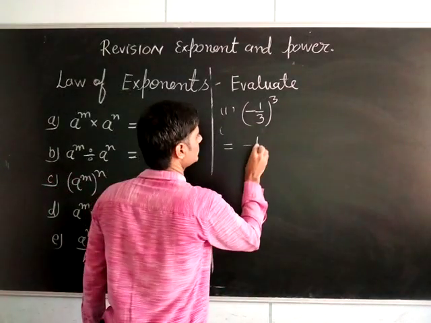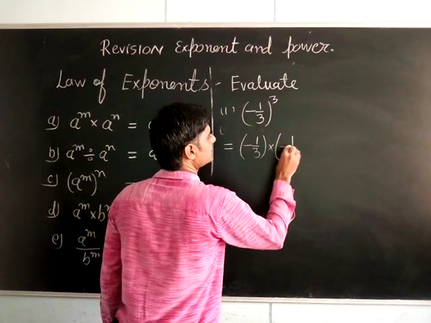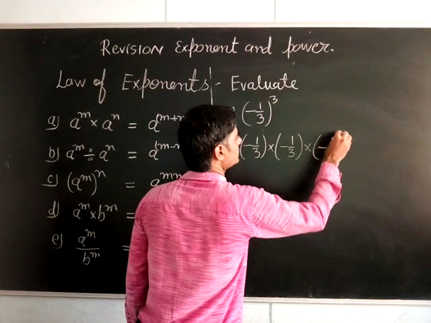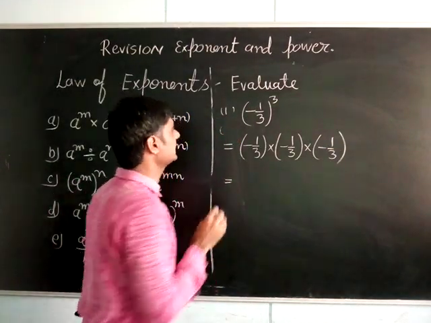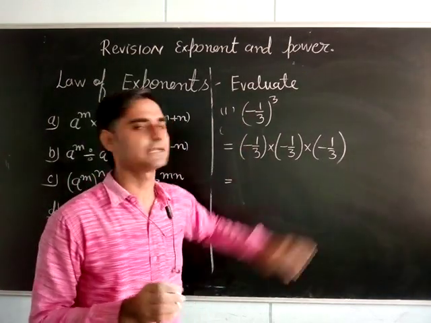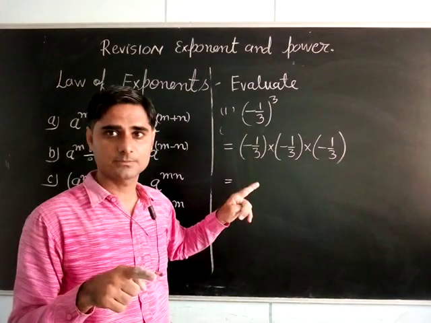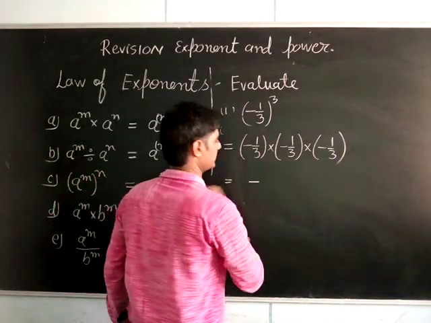So this will be equal to minus 1 upon 3 multiplied by minus 1 upon 3 multiplied by minus 1 upon 3. Now see, when a negative number is multiplied 3 times, the power is an odd number. If the power is an odd number, then the sign will be negative only. So the sign finally will be negative.